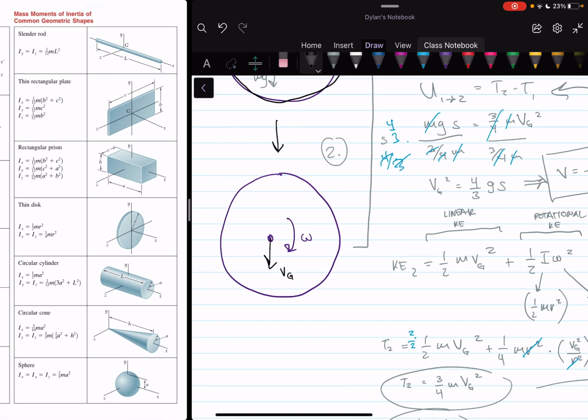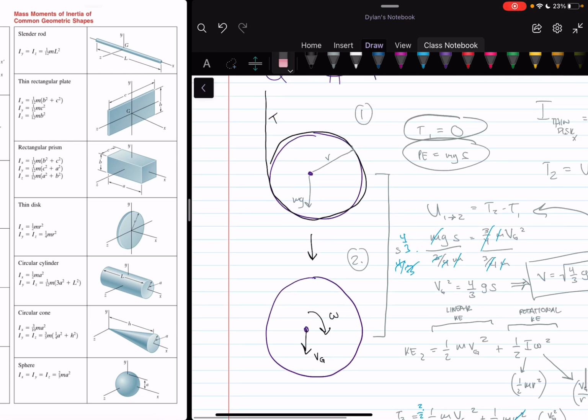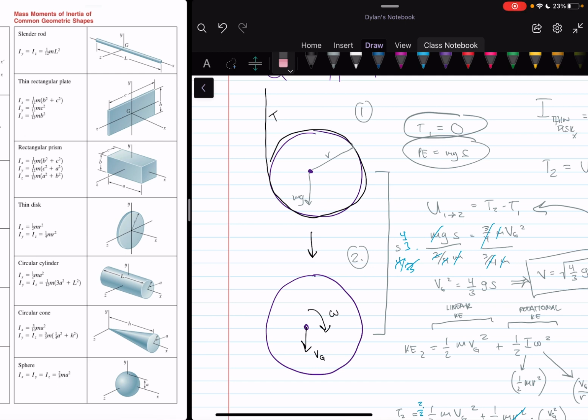However, once that moves, this wheel starts rotating. So then it gets a linear velocity and a rotational angular velocity, because it's tied to that rope.